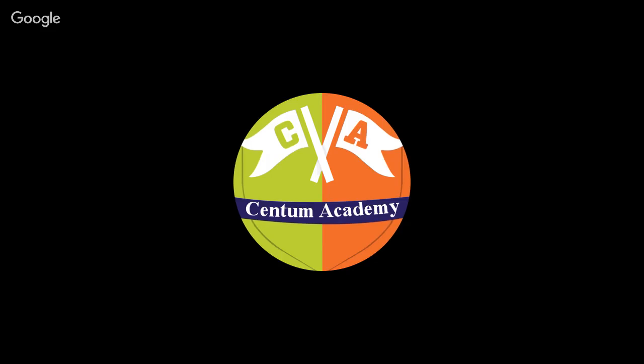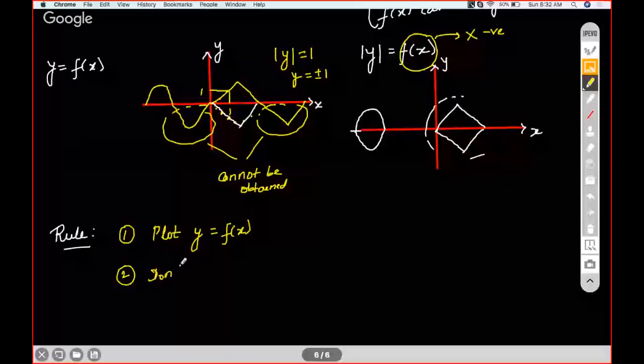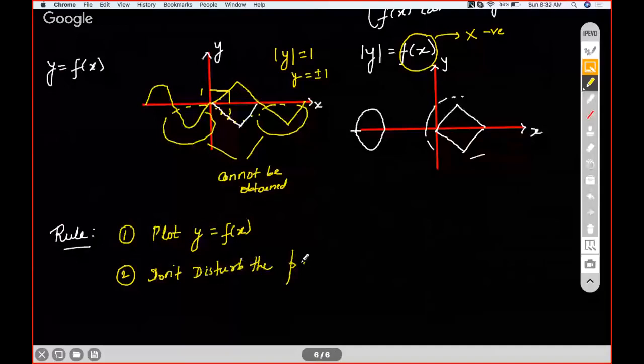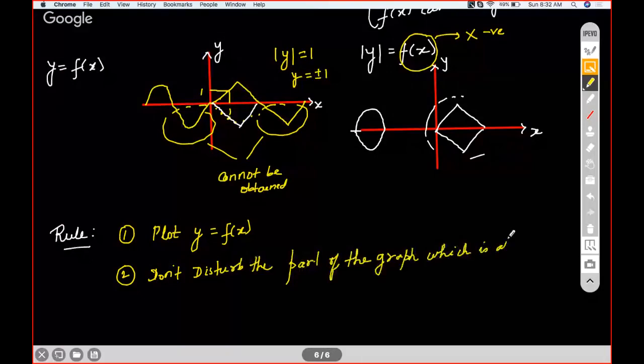Do not disturb the part of the graph which is already on the positive y-axis direction.